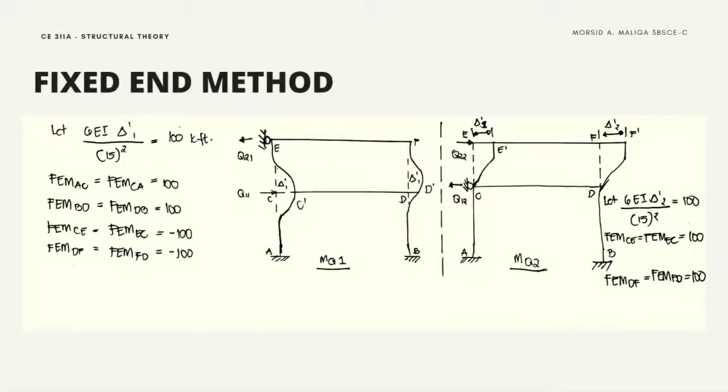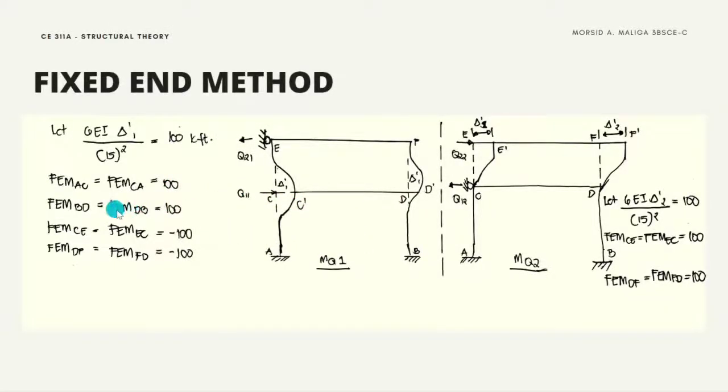As we can see in our figure, since the figure is symmetrical, our fixed end moment of AC is equal to CA. Let's assume that if the force is to the right it is positive, and if it is to the left it is negative. Since our force bends to the right, it is positive 100.